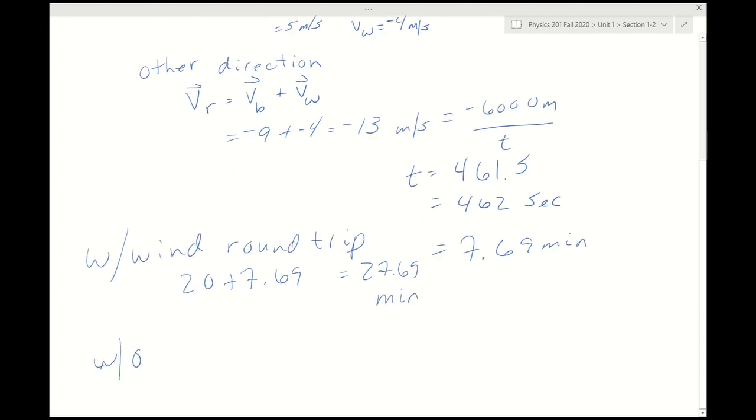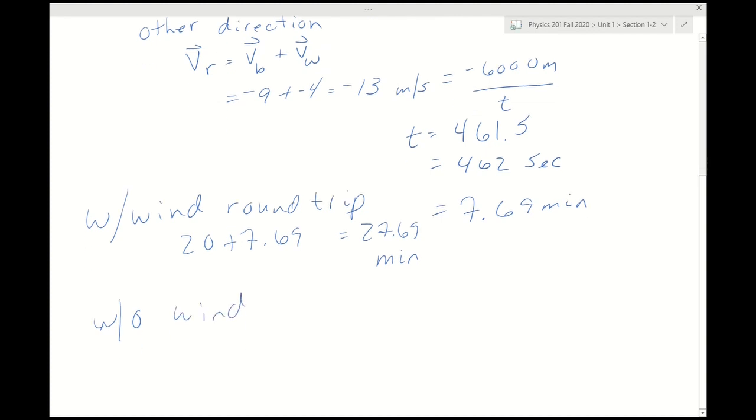Without wind, you've got 12 kilometers divided by 9 meters per second, or 13.33.